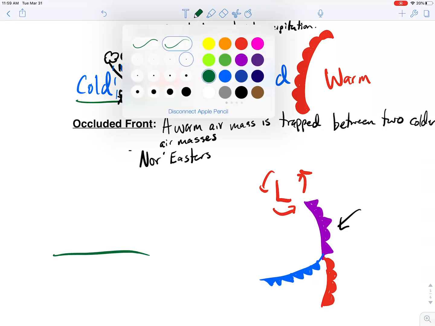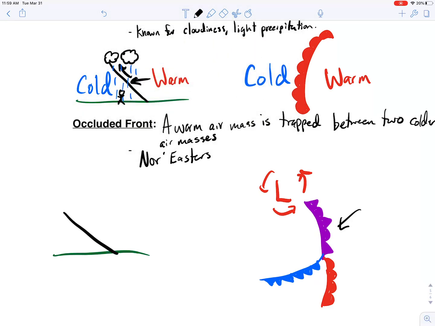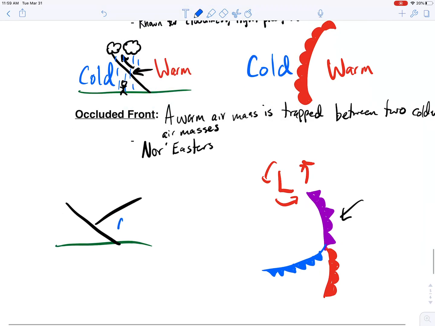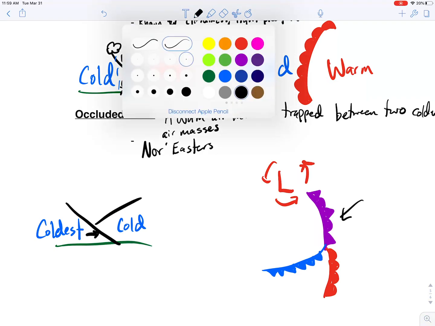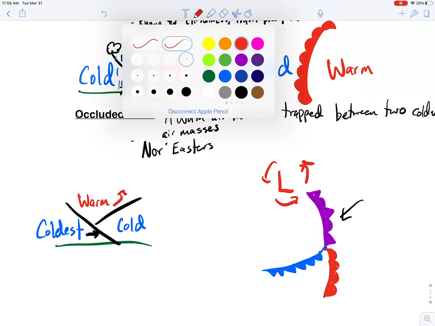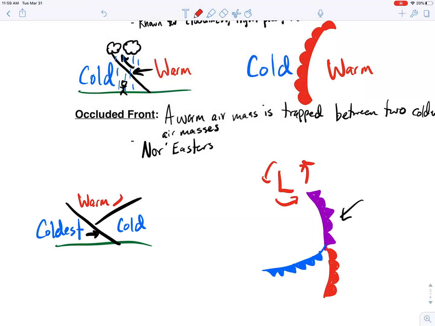And if we're going to draw it from a side view, we'd see the ground here, and essentially that same wedge shape coming in. And now we've got something that looks a little bit like this. Cold, coldest, and that air is moving this way very rapidly. And then it takes that warm air and it actually wedges the whole warm air mass up into the air on both sides of that front. We've got uplift happening.